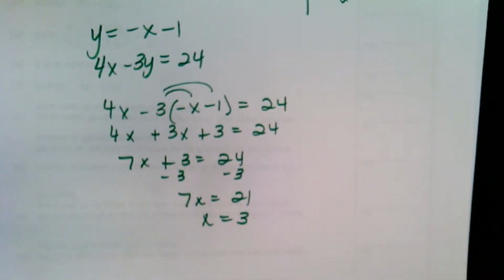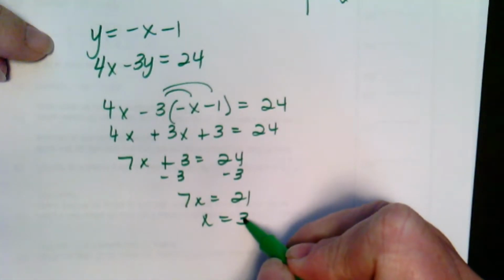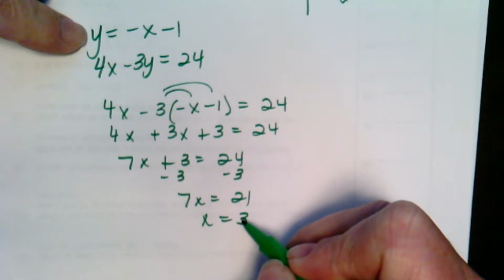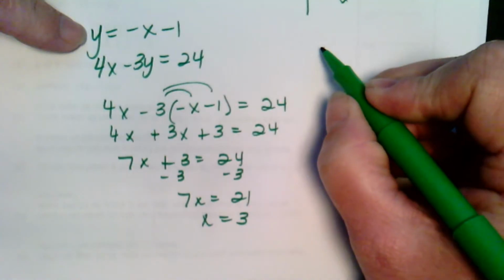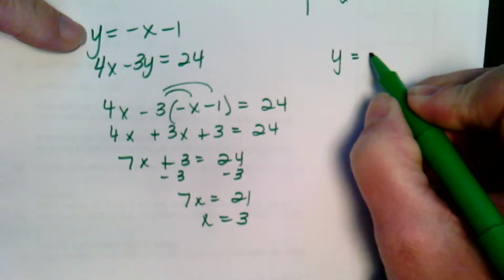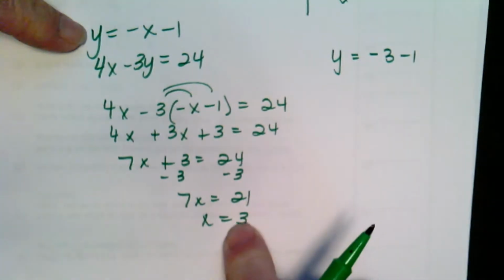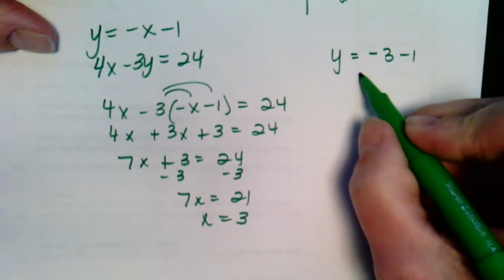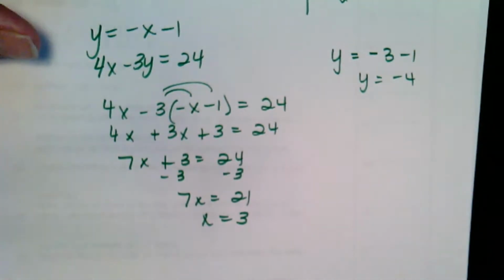Well, we need to know what our x and y are, so we need to know our coordinate, both coordinates. So if we know what x is, we can go back to one of the original equations and plug it in, and we can find what our y is. So I just took this 3, plugged it in here, and then when I solve this, I get -4.